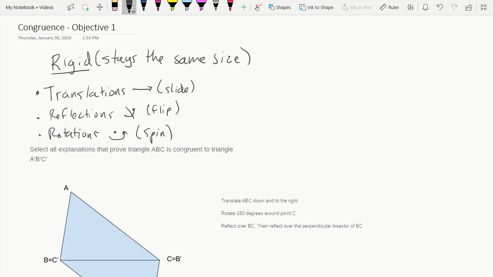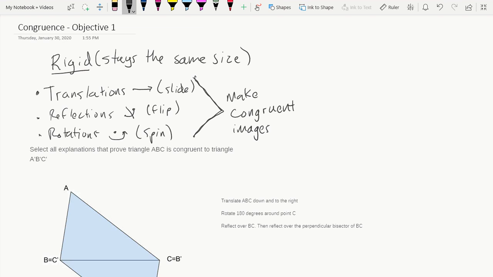Okay, so those 3, if I do any of those, they make congruent images.